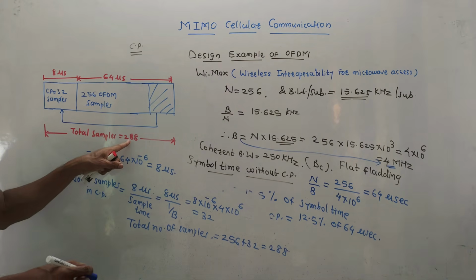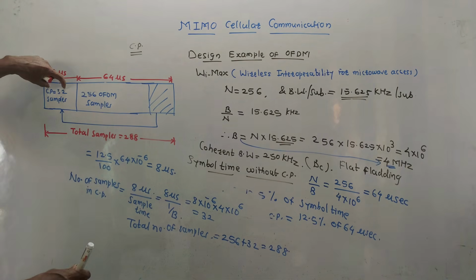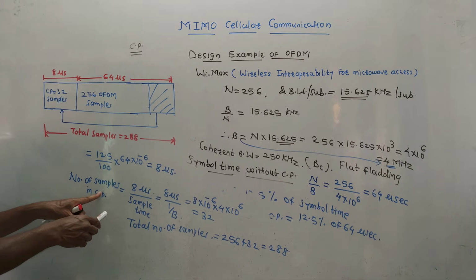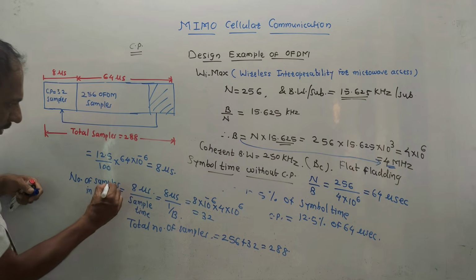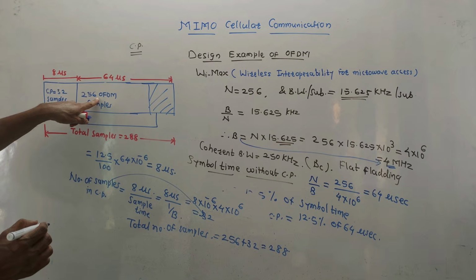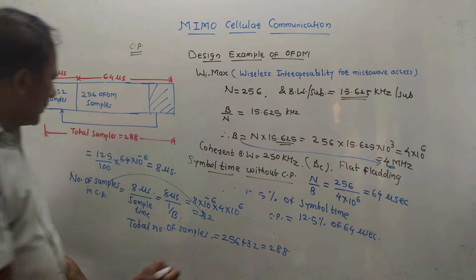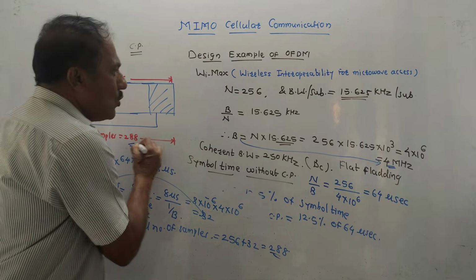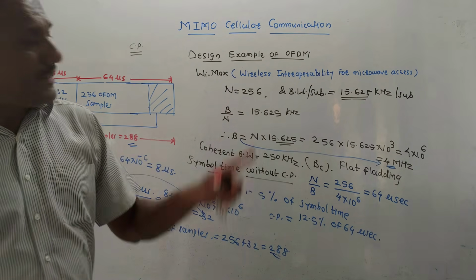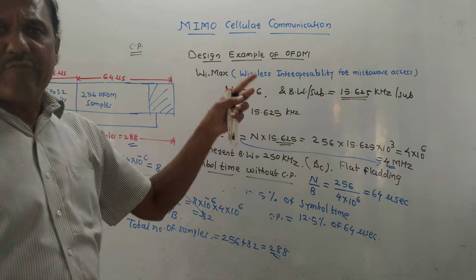And for the total number of samples, we just calculated that this CP contains 32 samples, using this formula. So I have written CP 32 samples, and there are 256 OFDM samples. So the total number of samples is 288. So WiMAX is a good design example of OFDM.